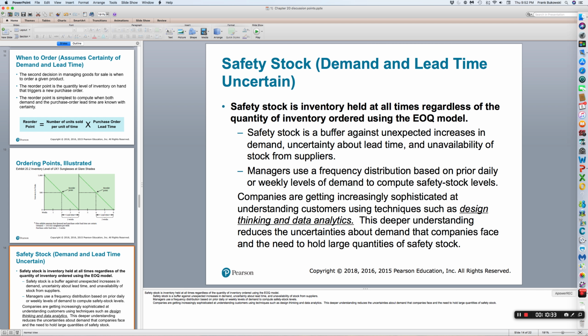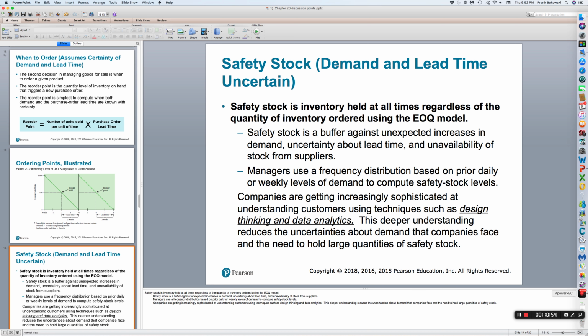Safety stock is inventory that is held at all times, regardless of the quantity of inventory that we order using the EOQ model. So what safety stock really is, is just a buffer. It's additional inventory that we keep on hand to help guard us against unexpected increases in the demand for our product.